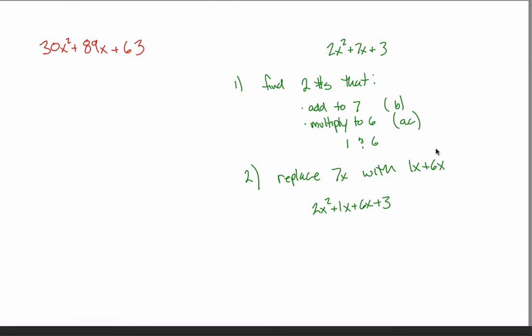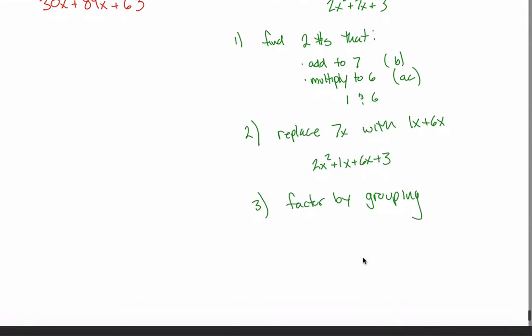Note the order is not important. You could have made this 6x plus 1x. But if you replace 7x with 1x and 6x, you're coming up with something that's equal to this, and it has to be equal because these two numbers that you found add to 7, so it makes sense that you can change this 7 into a 1 and a 6. At any rate, that's all you do in your second step.